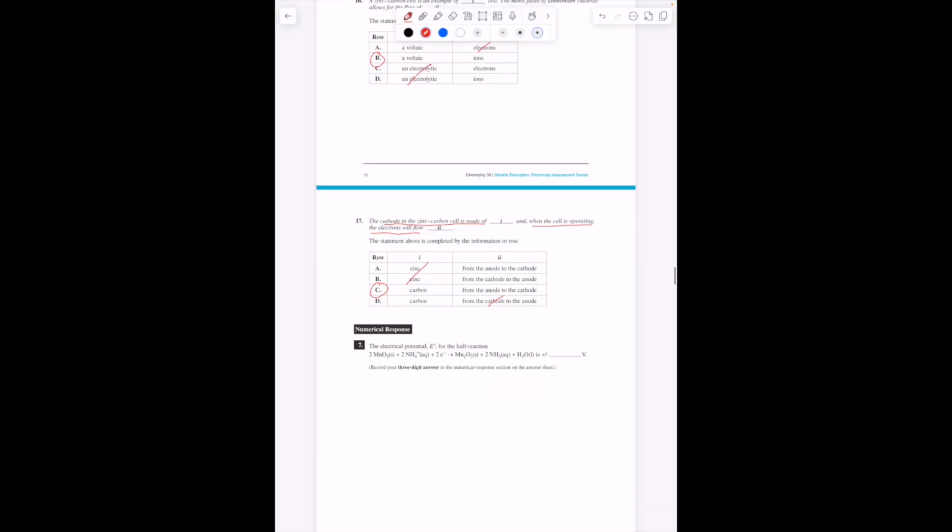All right. And then you want to know the electric potential. So what's the voltage when this... Oh, they want the voltage when the half cell is operating. Okay, well, let's just do this. I'll just copy this down. Okay, my delta H here is unknown.